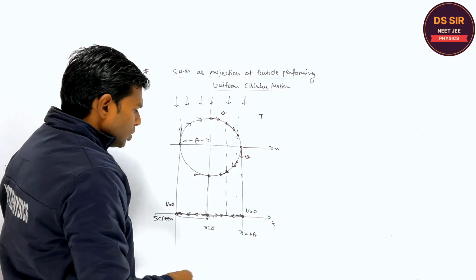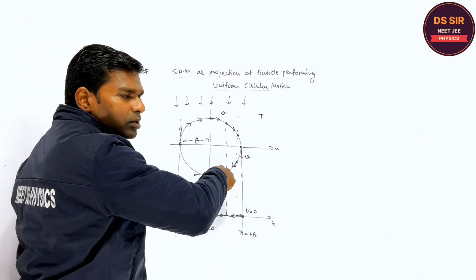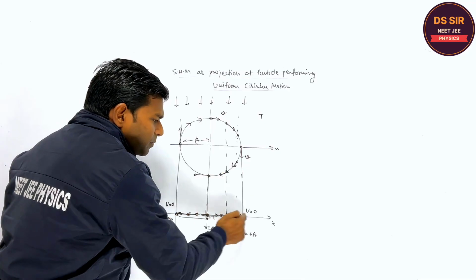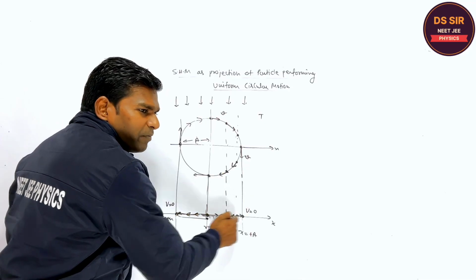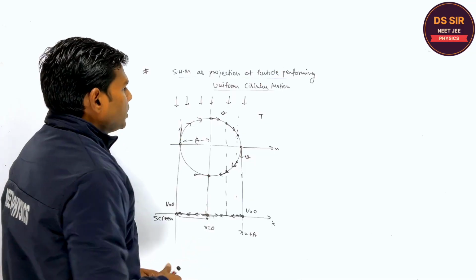Are you getting or not? So what is happening? It is moving round and round, and its shadow is moving horizontally, to and fro about this mean position. Is it clear or not?